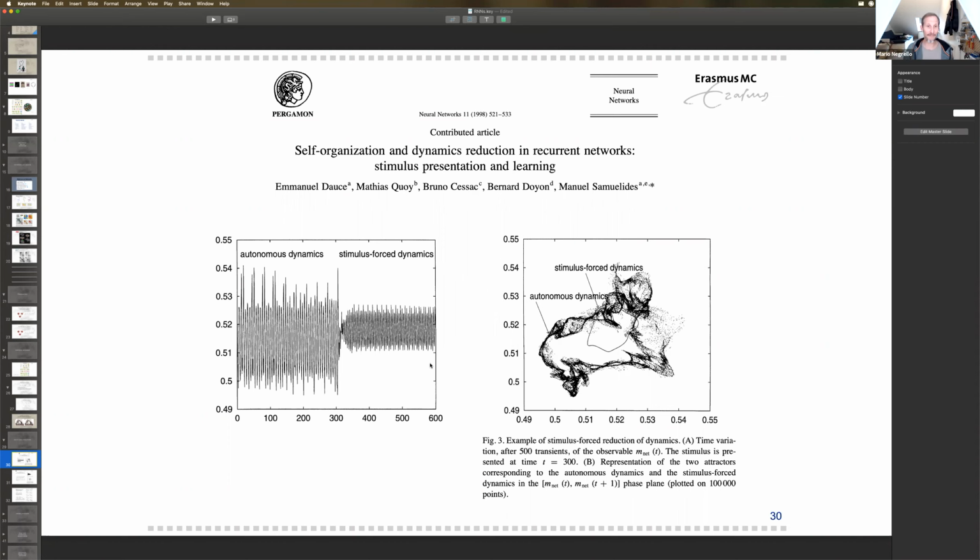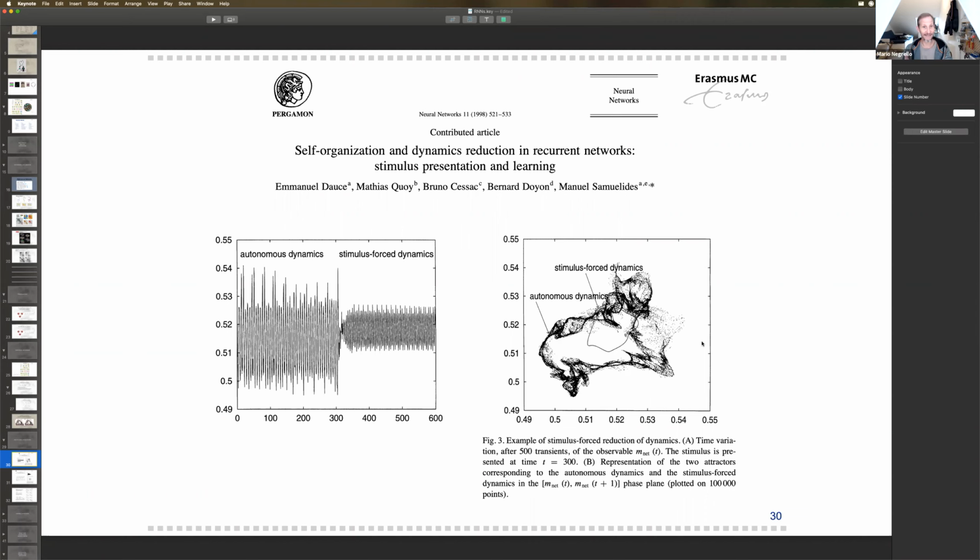So choose 50 pixels randomly, give 50 values, but keep them. They are now a stimulus. So this network is now getting an input for a subset of those neurons. What you observe here are two things: the autonomous dynamics and the stimulus forced dynamics. The stimulus forced is given an input to the network. The autonomous dynamics is without a network input.